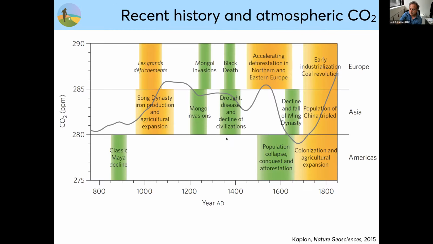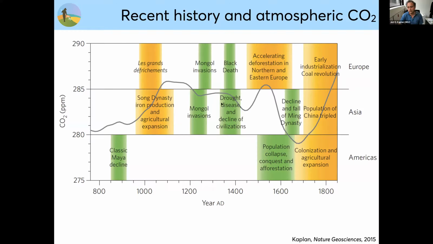And these bars here represent important periods in human history over this time. And what we see is periods of expansion, of economic and agricultural expansion that, in my view, are not coincidentally happening at the same time that CO2 is rising. So deforestation in Europe, deforestation in East Asia are driving CO2 higher.